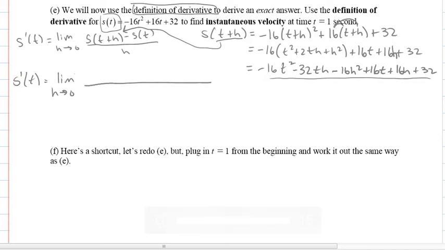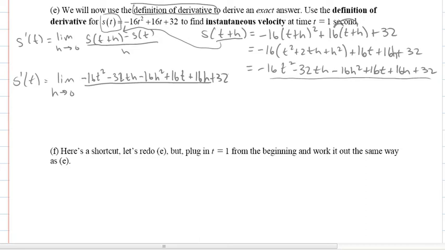So the top part's going to be negative 16t squared minus 32th minus 16h squared plus 16t plus 16h plus 32.